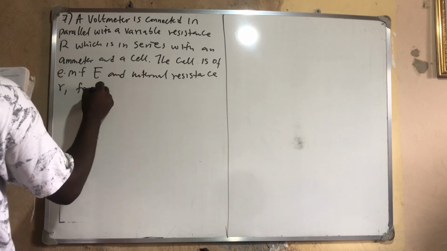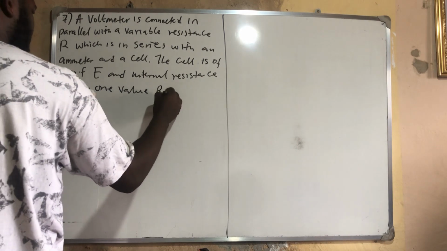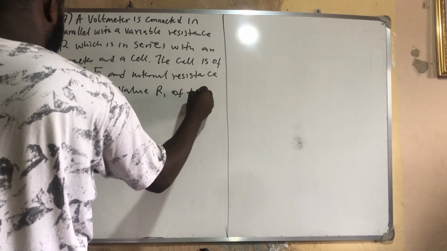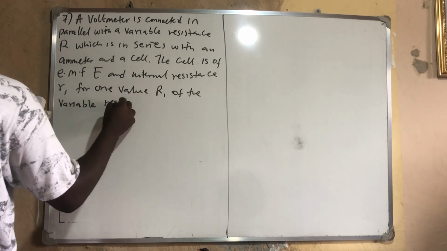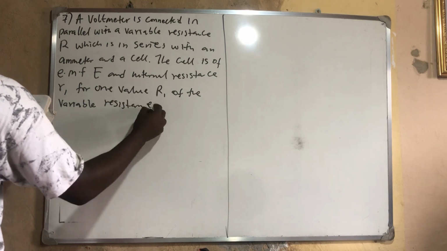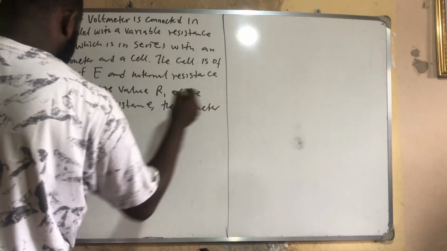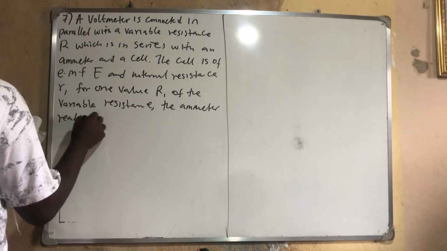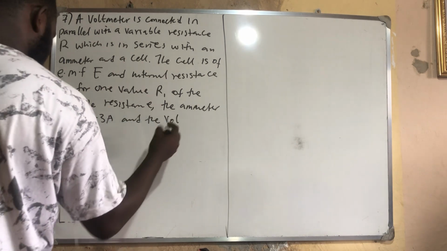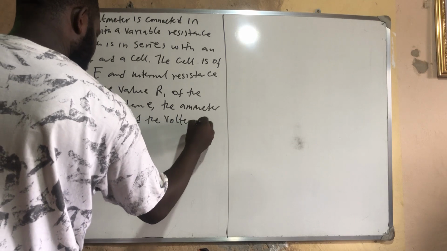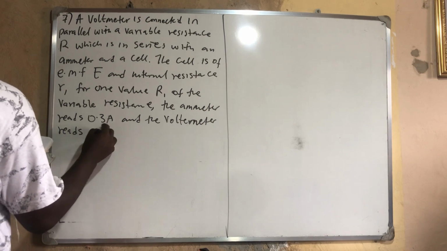They say for one value R1 of the variable resistance, the ammeter reads 0.3 ampere and the voltmeter reads 0.9 volts.